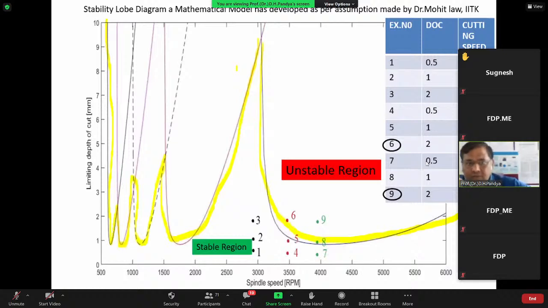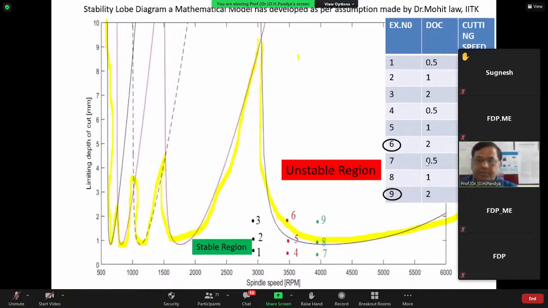So what is the significance of this SLD, the stability lobe diagram? This helps a designer to identify the speed with a higher rate of production, right? Why?